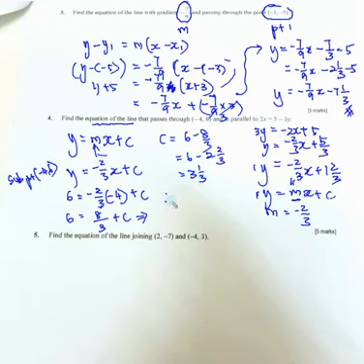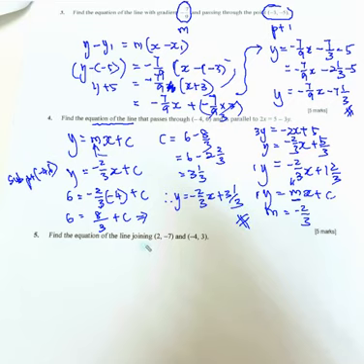Therefore, the equation is now fully known, which is y equals minus 2 over 3x plus c, which is 3 and 1/3. So this is the answer.